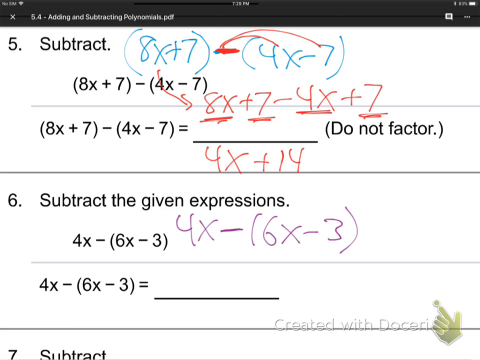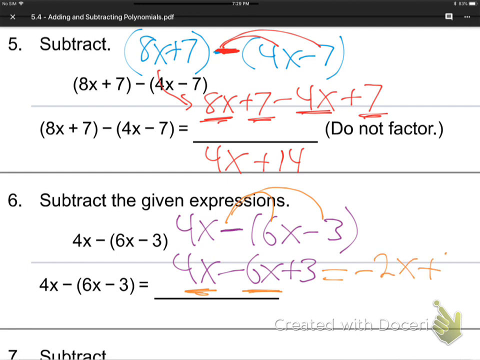So that minus sign up against the wall is going to go boom, boom. And so we're going to get what? 4x minus 6x plus 3. Good so far? And 4x minus 6x is minus 2x plus 3. How are we doing? Easy? Questions?